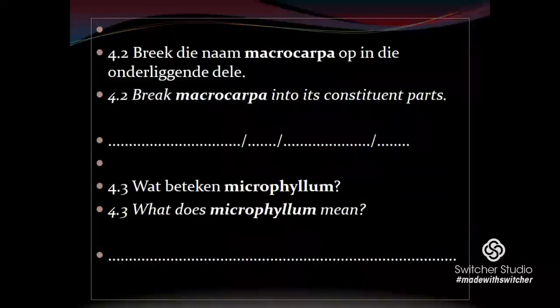More daunting, but maybe easier, is to break up a name into its constituent parts. Macrocarpa, break it up into its constituent parts. So, you write down macro or carpa. I will give you the lines as a clue as to what should be, more or less, what should be there.